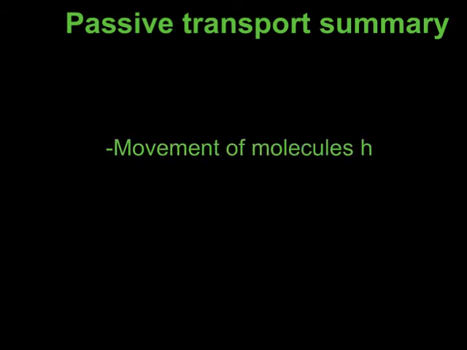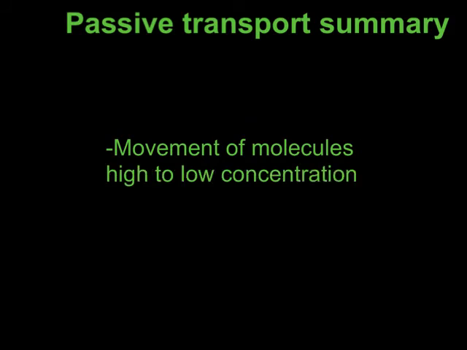All right, so to wrap it up and summarize everything, just a reminder that we talked about passive transport in this video. Passive transport is the movement of molecules from high concentration to low concentration. Okay, so they're spreading out. Since it's passive, since that happens naturally, like when you spray perfume, it does not have to use energy. And then there are three examples of it.